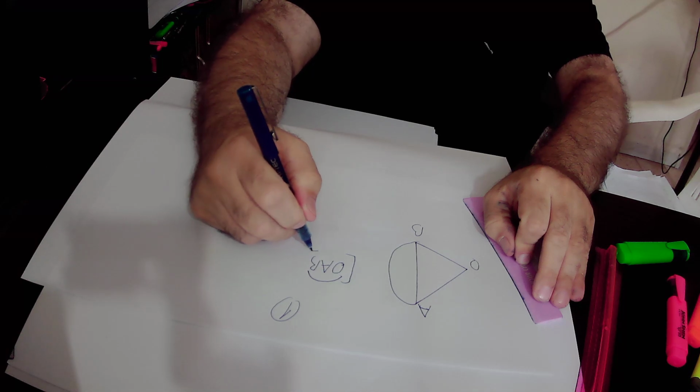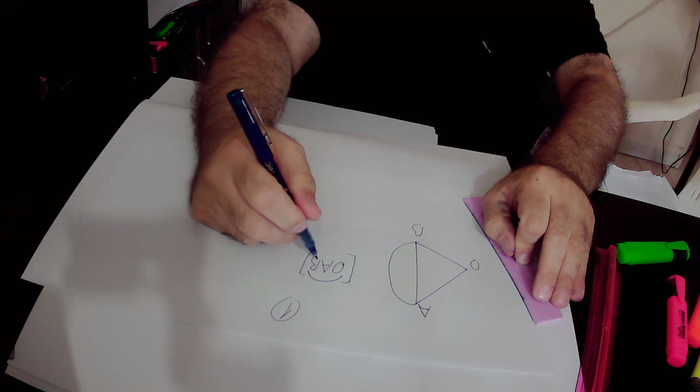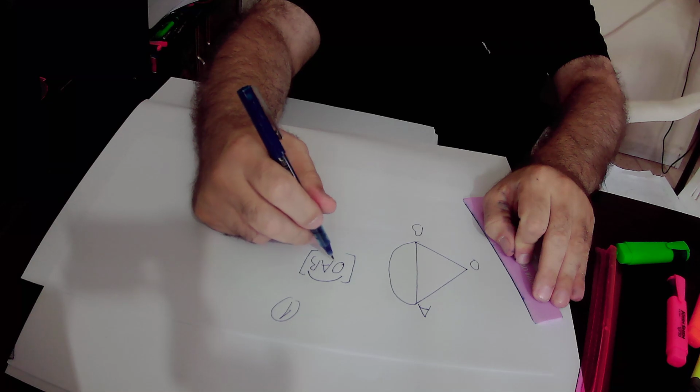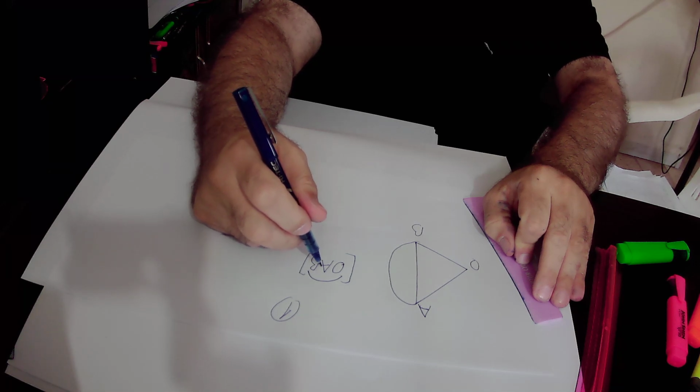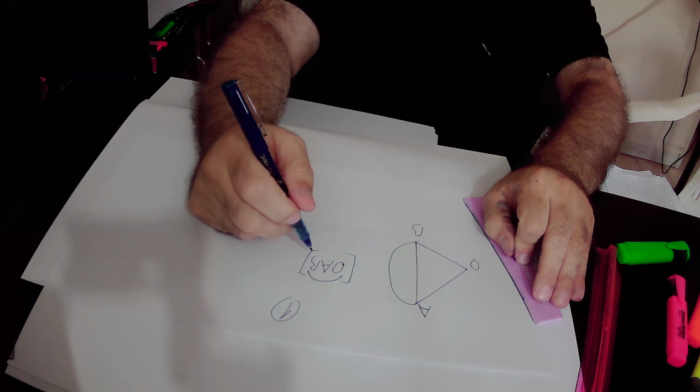This is the sign of the area of sector AOB. The rounded sign is the sign for the area of a sector.